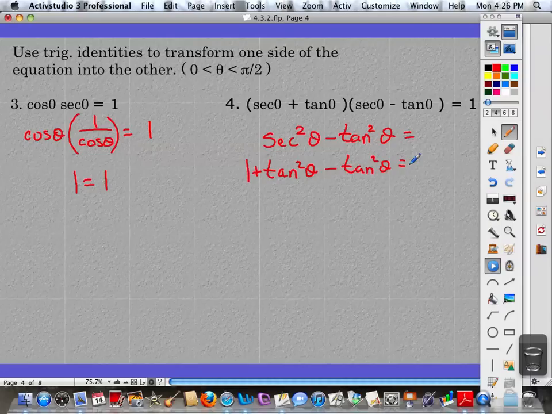And now my tangent squared subtract out, and I have 1 equal to 1. Okay? So using that substitution, that basic trig identity that the secant squared is equal to 1 plus tangent squared, and by making that substitution, we're able to verify, since 1 equals 1, that that initial equation is in fact a true statement.